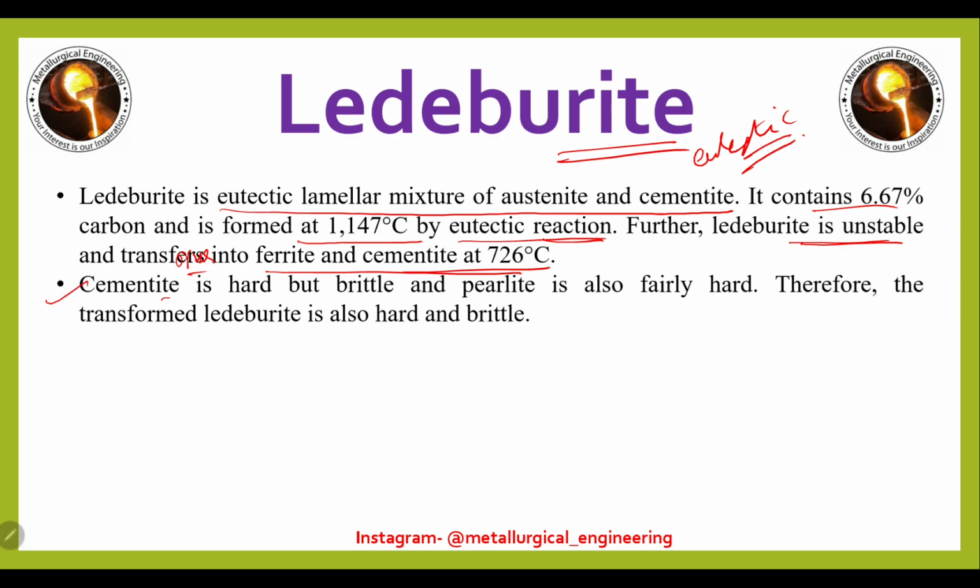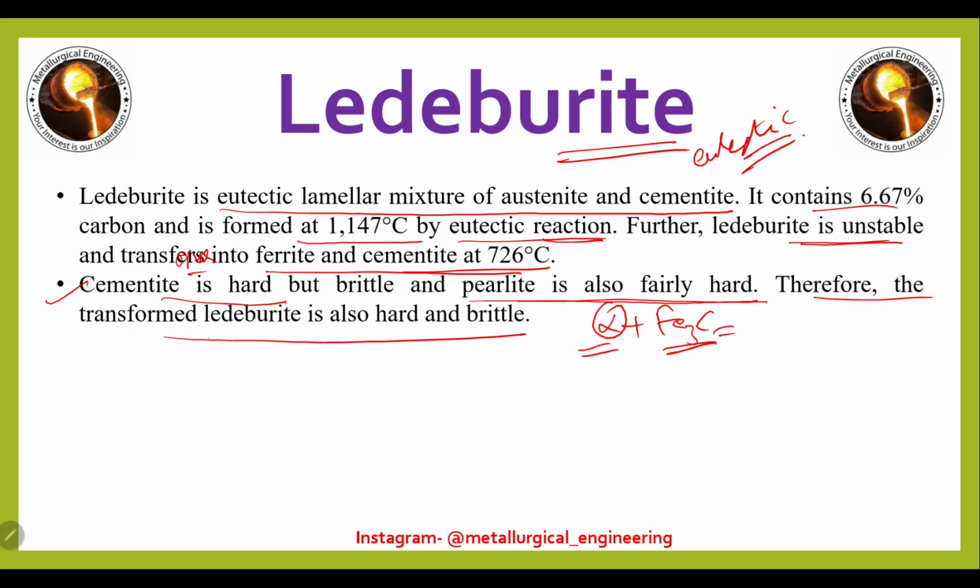Another fact is cementite is hard, as we have seen in the previous slide, but brittle, and pearlite is also fairly hard, this is alpha plus Fe3C. So alpha gives the toughness and cementite gives the hardness. Therefore the transformed ledeburite is also hard and brittle.